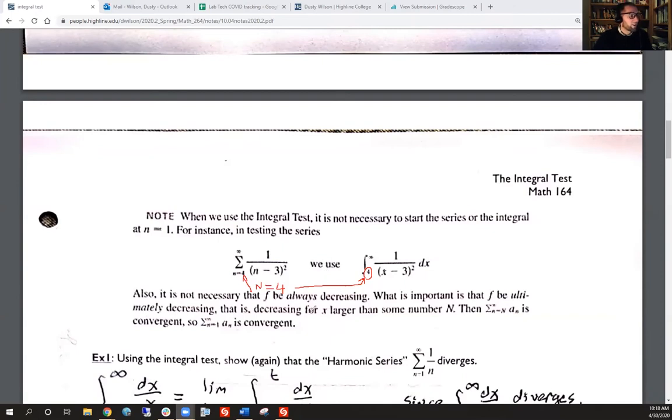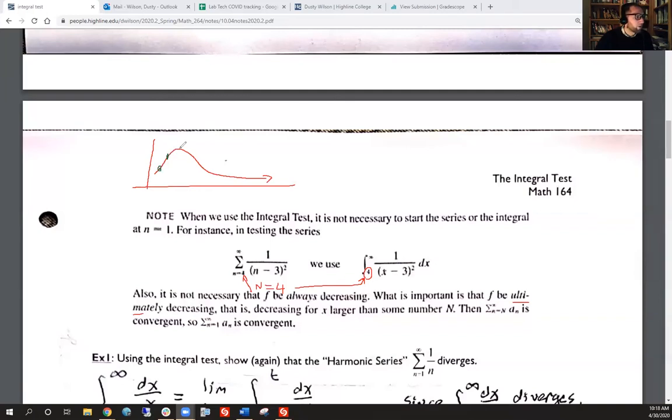It's not necessary that f always be decreasing either. What's important is that f be ultimately decreasing. And so, for example, you could have a function that did something along those lines. And you'd have the dots along it, here.